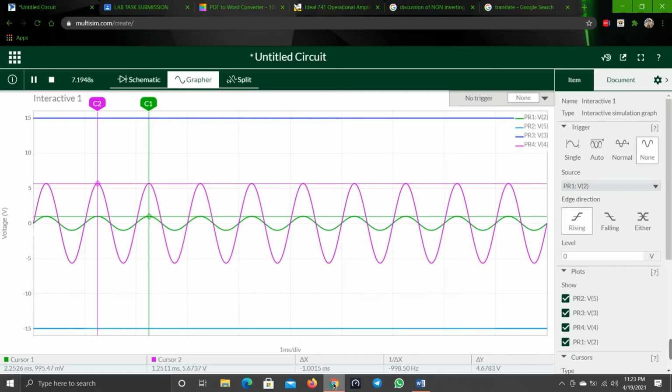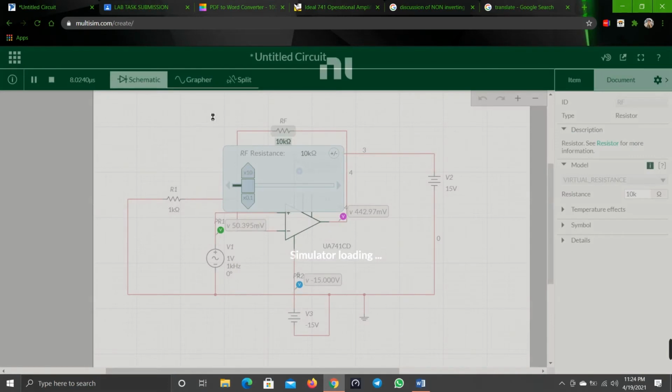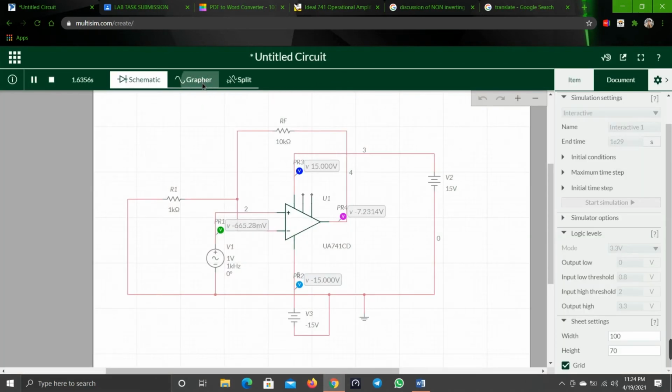Wait, I will change it first. Okay, run it to get the sine wave. Oh no, it's not the sine wave. It's the schematic diagram for 10k resistance.